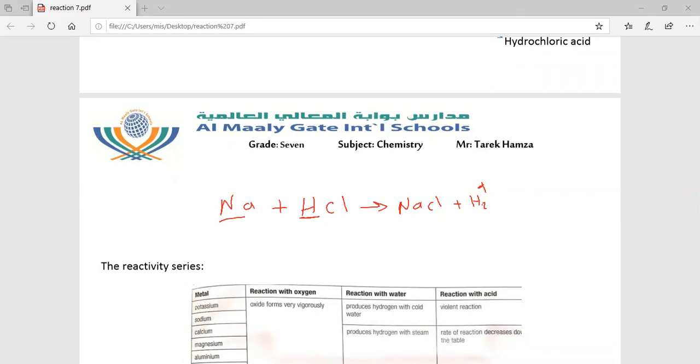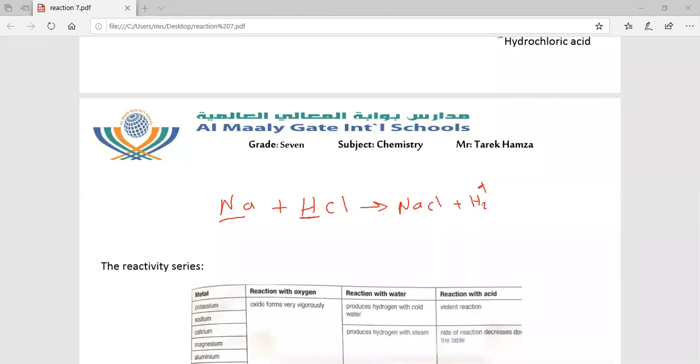Why? Look at this figure. This is the chemical activity series. These elements are arranged in order of their activity. Potassium is the most reactive metal.